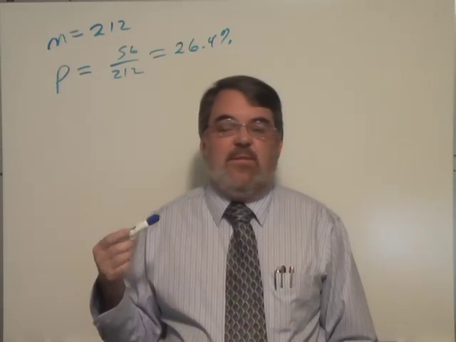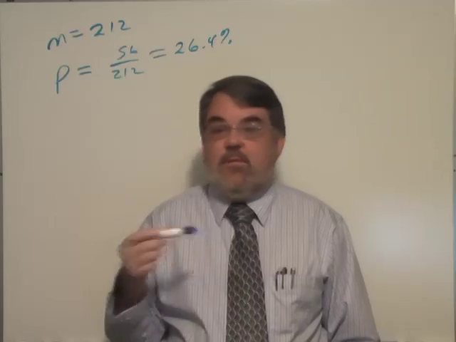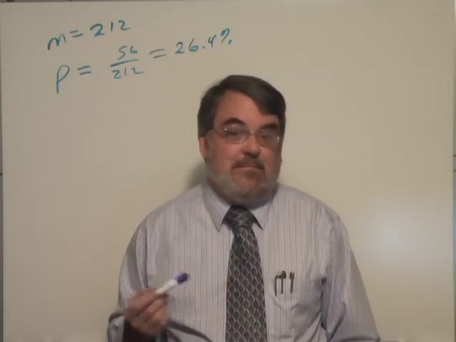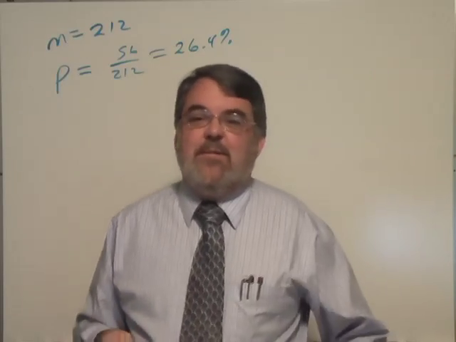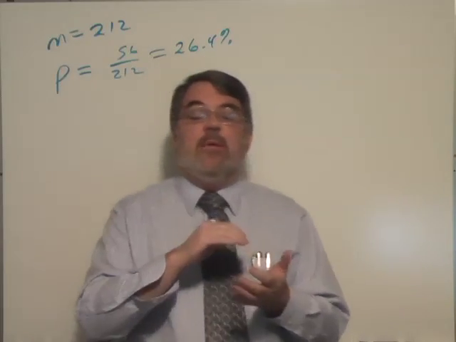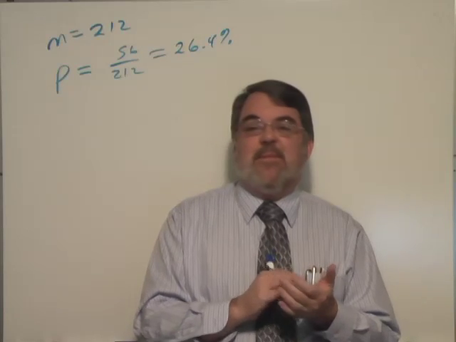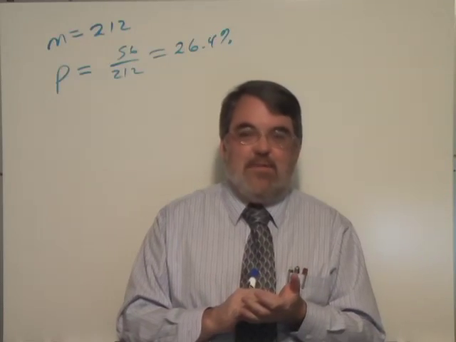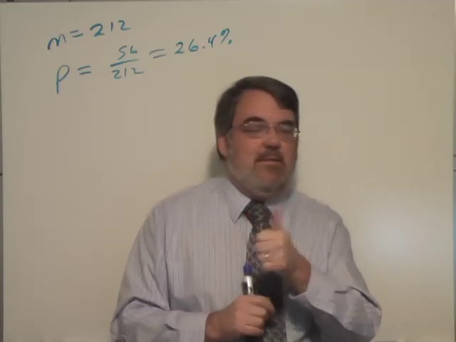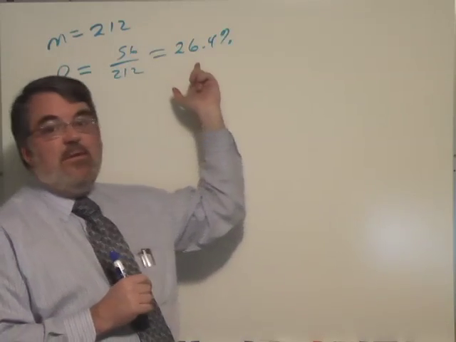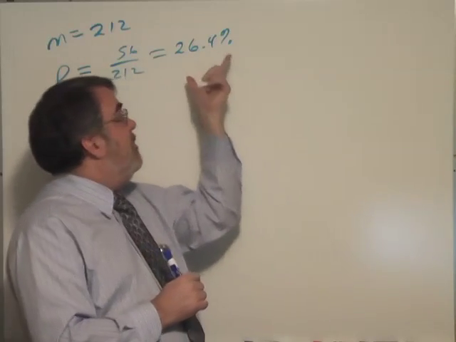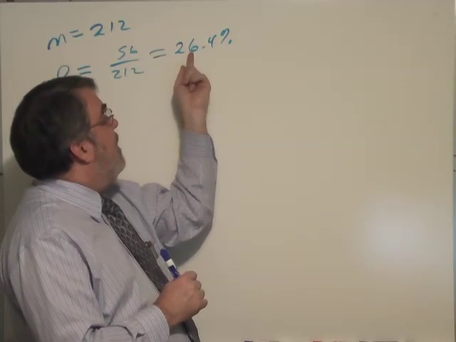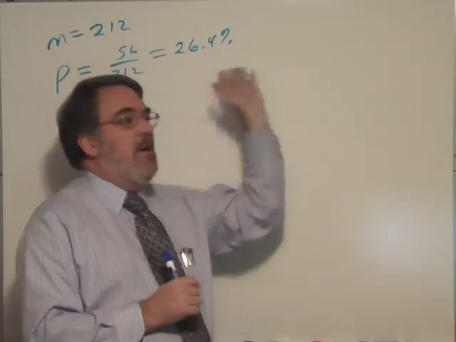So you might wonder, well, what is the population mean? Well, we're trying to estimate the population percentage. What's the standard deviation? Well, it turns out the standard deviation can be calculated from binary data. I don't expect you to know the calculation, but it's the sample size times percentage times the complement of this percentage, which would be 73.6%. Subtract this from 100%.